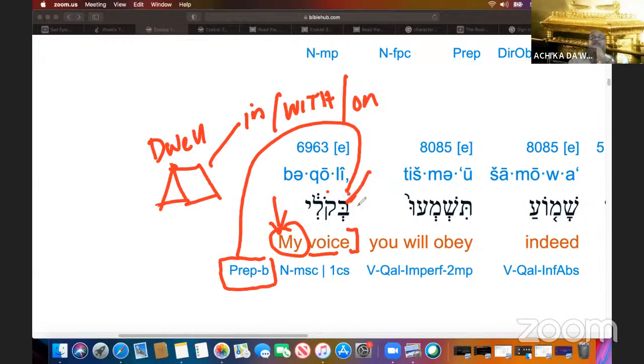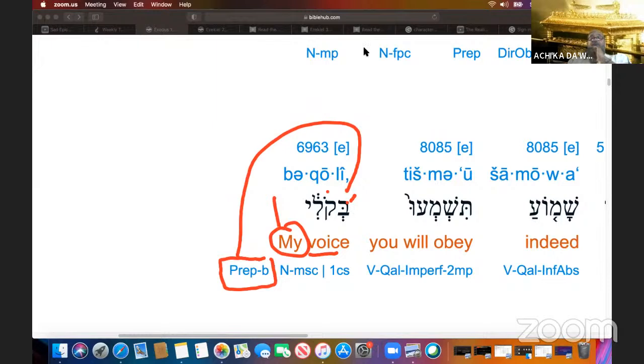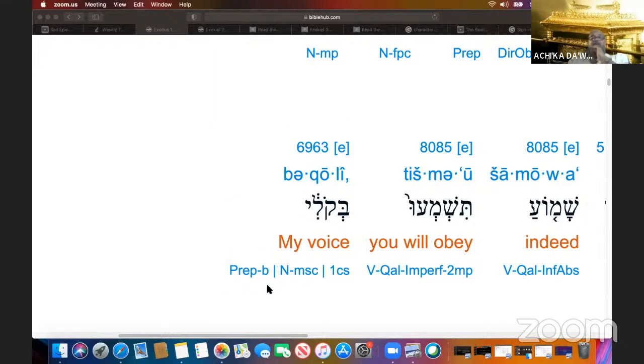But Yah didn't just say my voice. If you break this word down right quick, just like they did on the bottom here, they got these little lines right here that tell you that they're separating the noun from the preposition and its person. First person common singular, noun masculine singular common, preposition, bet.